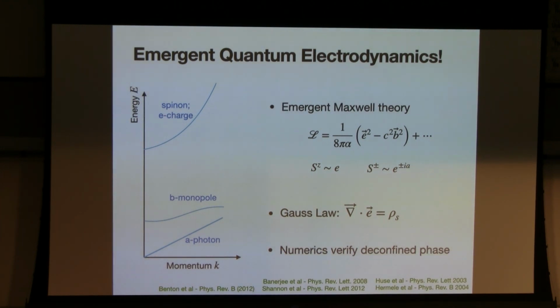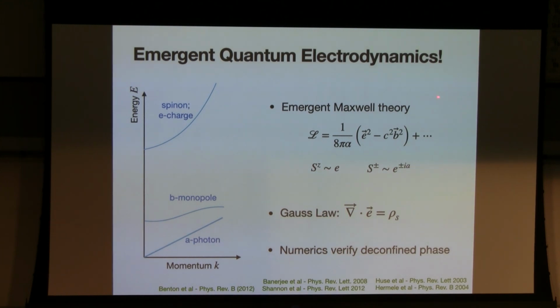I'm obviously skipping some steps in writing this. You can, if you want to, be more formal and derive a lattice version of this Maxwell theory and then say it's a compact U1 lattice gauge theory, which turns out to be in the deconfined phase. At the end of the day, this is kind of the best motivation. I have a vector field which is divergence-free and is fluctuating within that constraint.